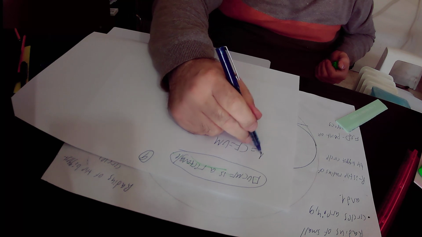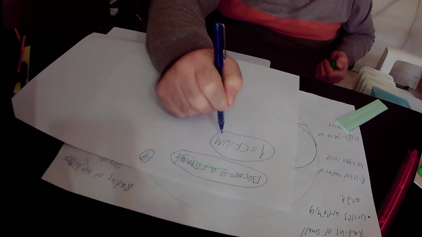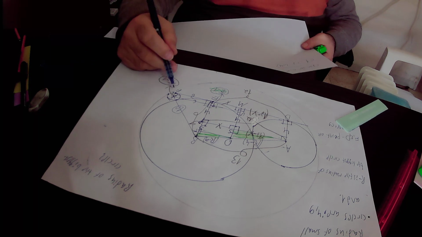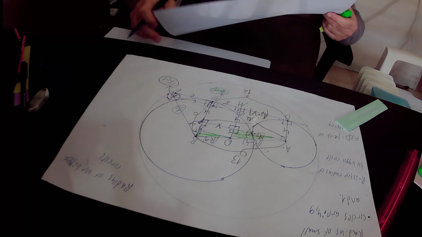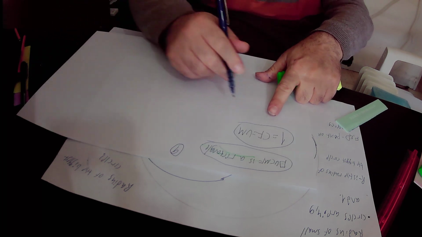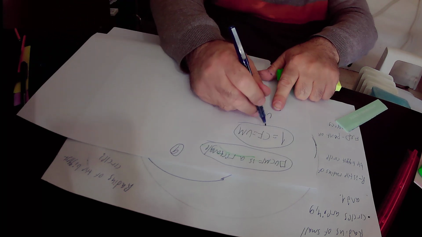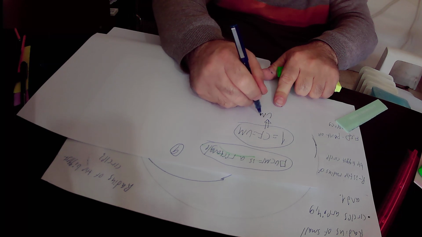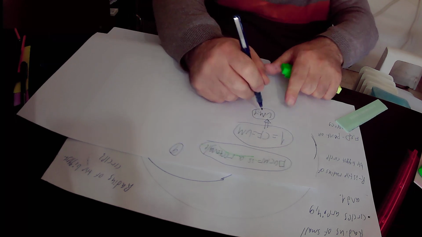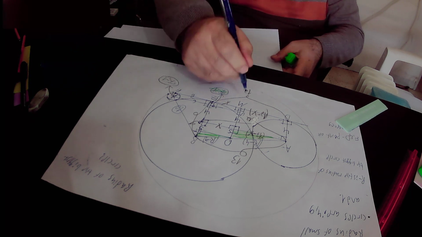But CF is the radius of this small circle, which is equal to 1 unit. From this equation, 1 equals CF equals UM, we will conclude that UM is also equal to 1 unit.